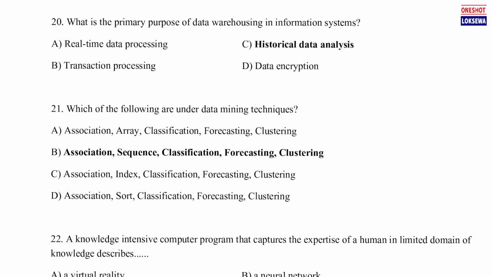Which of the following are under data mining techniques? A. Association, array, classification, forecasting, clustering, B. Association, sequence, classification, forecasting, clustering, C. Association, index, classification, forecasting, clustering, D. Association, sort, classification, forecasting, clustering.